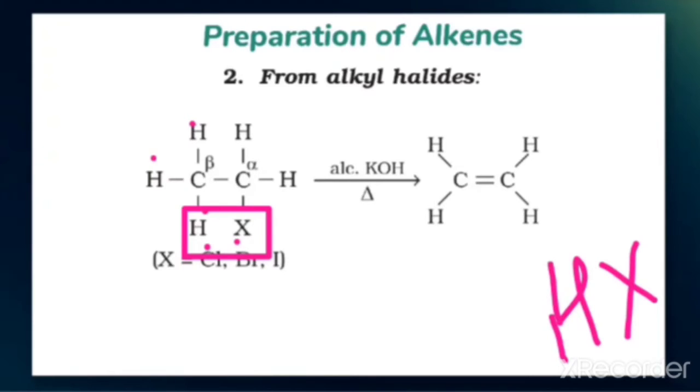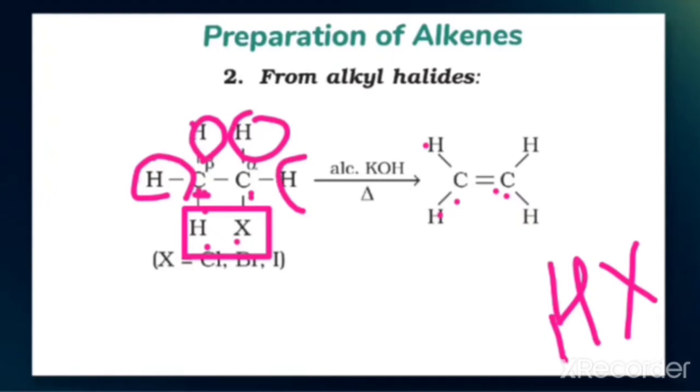Now what does it form? This part now gets removed, and in between the alpha and beta carbon there is a formation of a double bond. So now you can see here these 2 carbons are written, and on this carbon 2 hydrogens are there, and on this carbon 2 hydrogens are there, as written here.